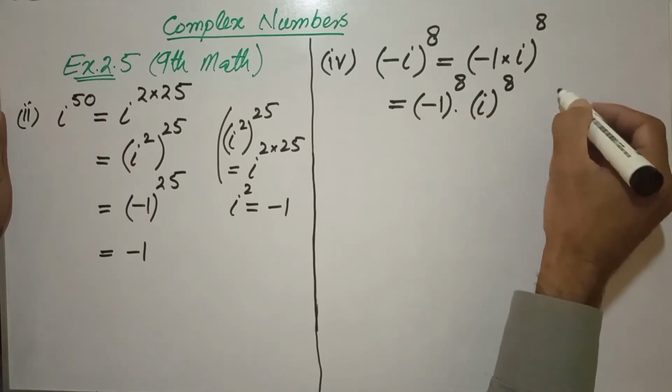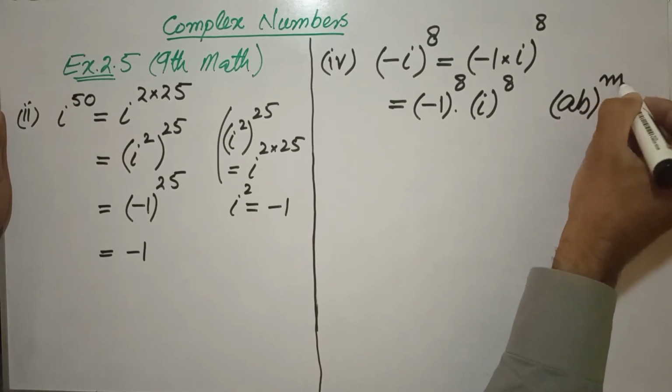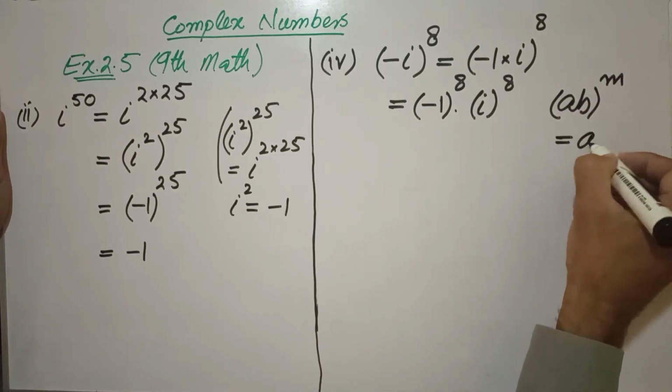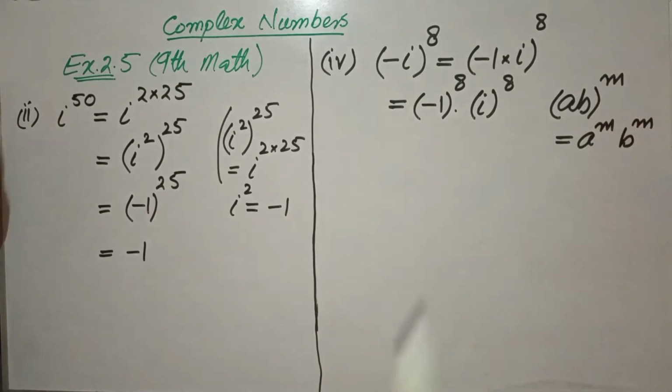Here we have used the property (ab) whole power m can be written as a^m into b^m.